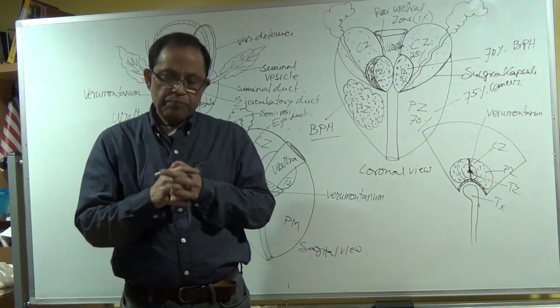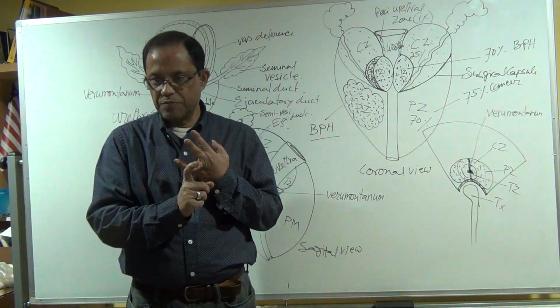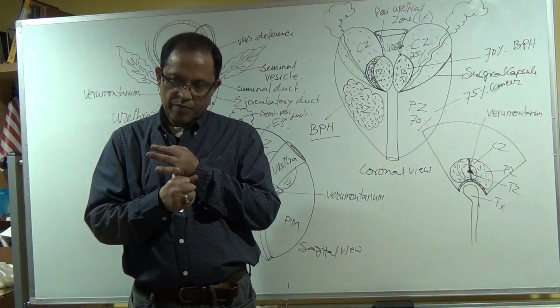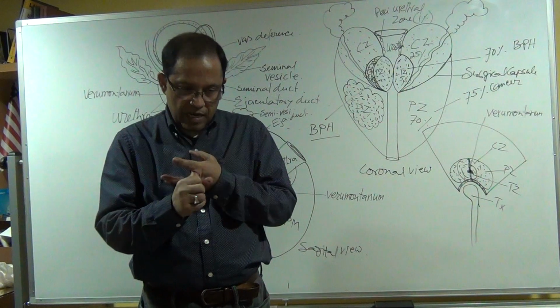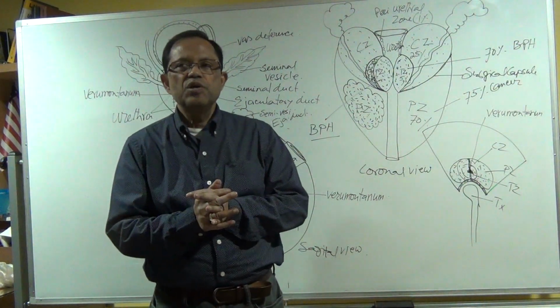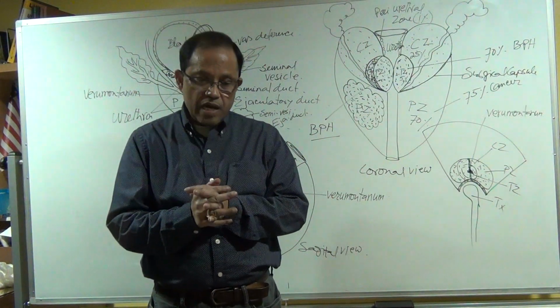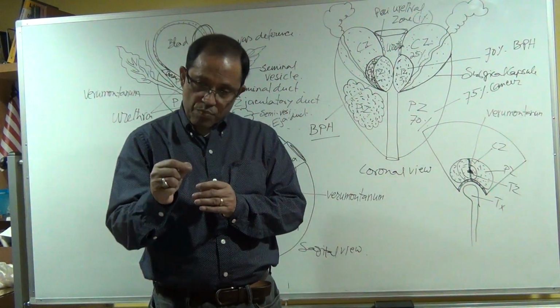What are the symptoms? The patient will feel increased frequency, with a small amount of urine. The patient will go to the bathroom, and there is a lot of hesitancy to start the stream. It takes time, 2-3 minutes, then it comes. When it comes, it is a thin stream, or drop by drop.